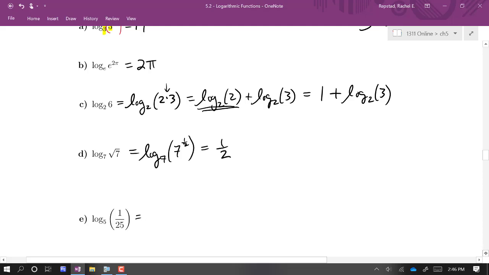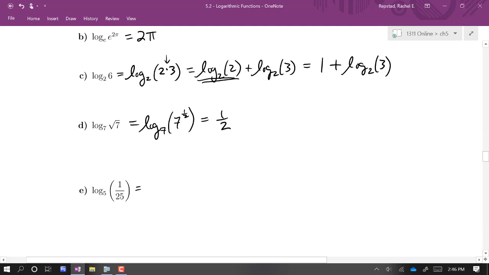Now we've got one more here in this group of examples. Log base 5 of 1 over 25. Now there's a couple ways we can do this. I'm going to show you both ways. One is just to say, well, 1 over 25, that's the same as 25 to the negative 1.